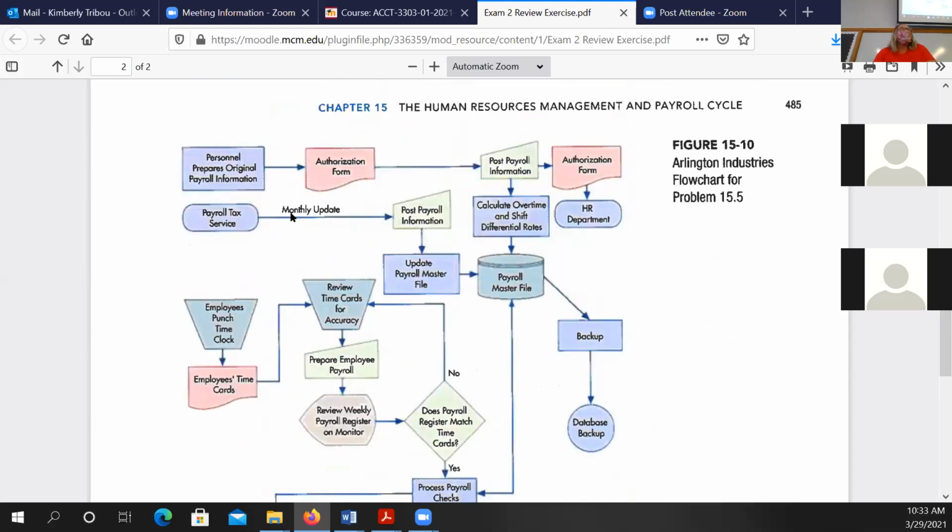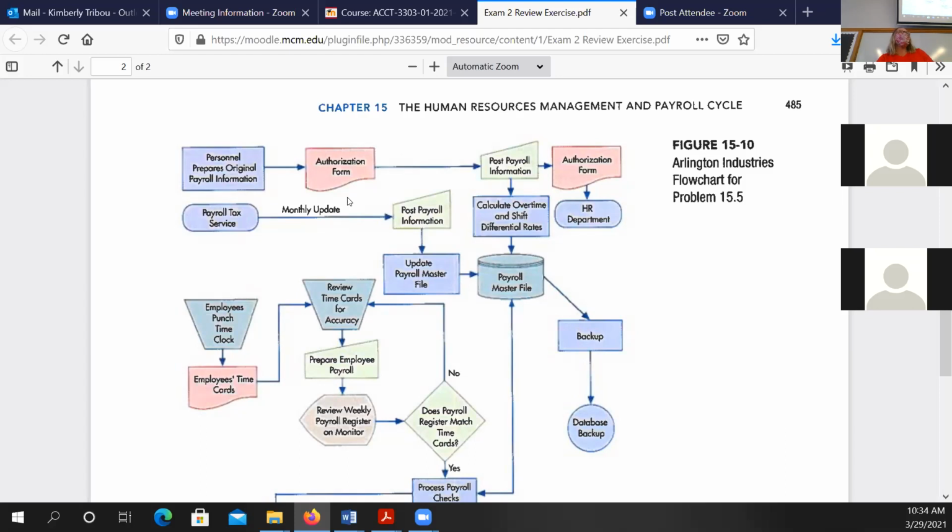How is that an example of a control? Having someone else do the job for you. Definitely a segregation of duties. You're taking it outside of your company's sphere of influence.